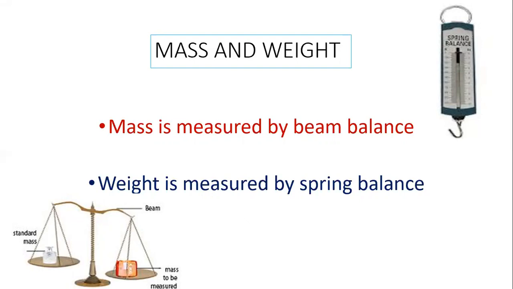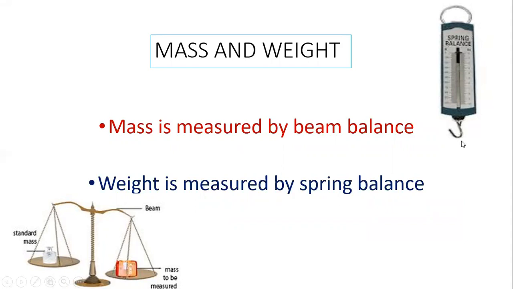And weight is measured by spring balance. This is something new that you are looking at, and when you go to the physics lab, you will be taking the weight of different objects. For a little bit of understanding, this is a spring balance, and there is a pointer here and a hook.